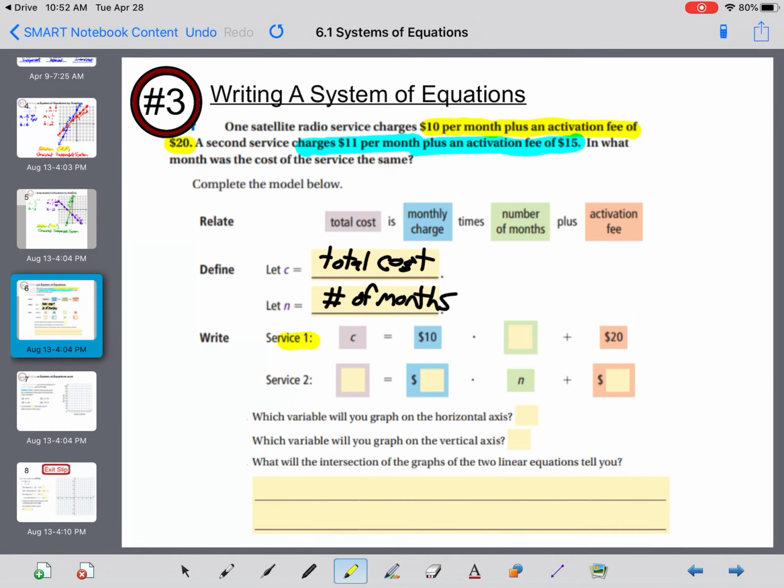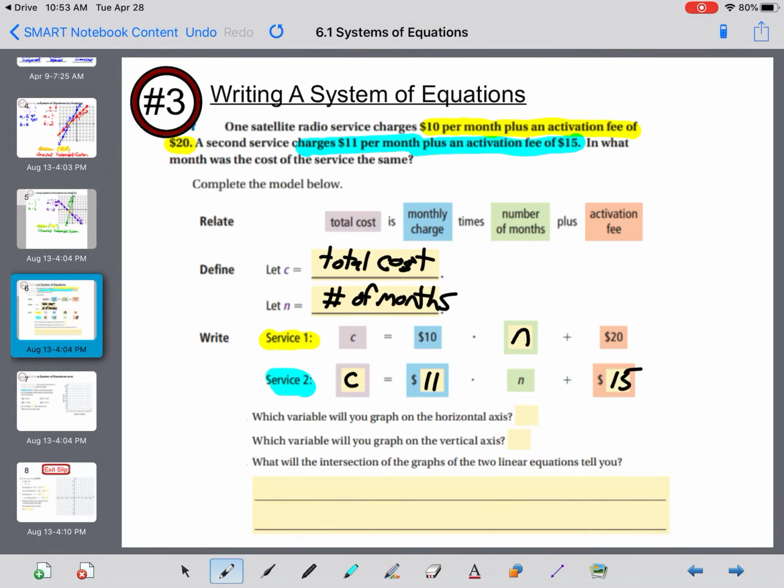So our first service, service 1, is the yellow highlighted information. C is equal to $10 per month, so 10 times N, plus this $20 activation fee. Service 2 is the blue information. Again, the cost is going to equal, but this time it's not $10 per month. In the blue information, it says 11, plus an activation fee of $15.